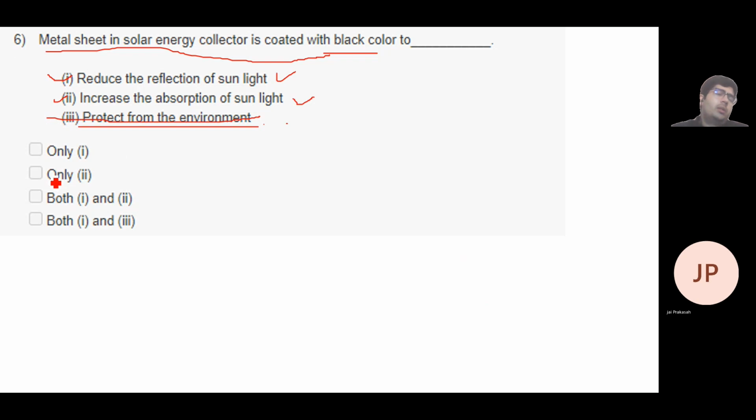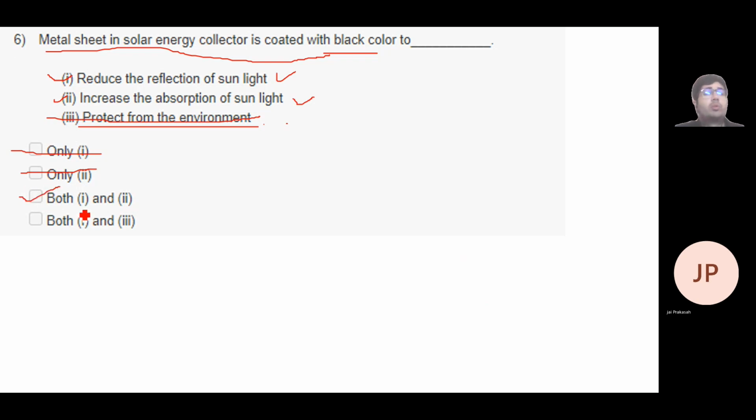Now let's check the options. Option A is only 1. Yes, 1 is correct. Option B is only 2. 2 is also correct, but not only, because both statements are correct. So this option cannot be correct. Now the third one, both 1 and 2. It means statements 1 and 2 are both correct, so this option is correct.